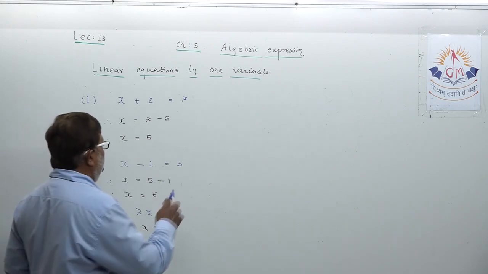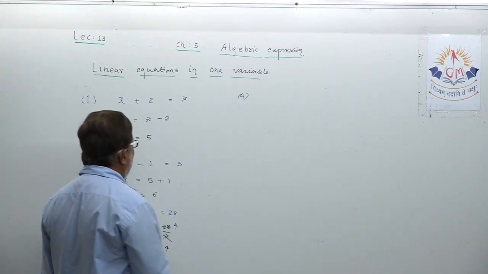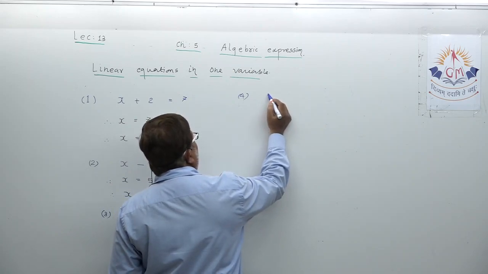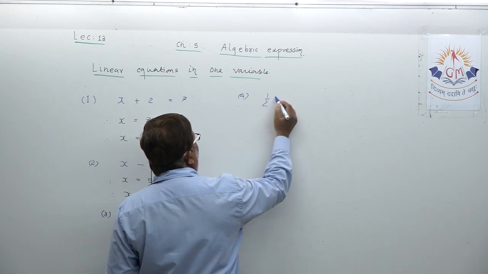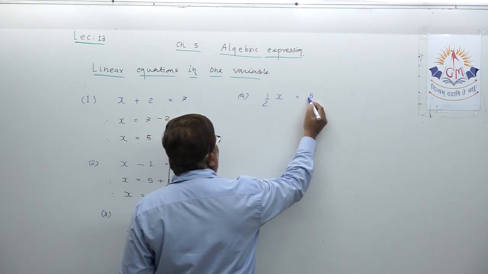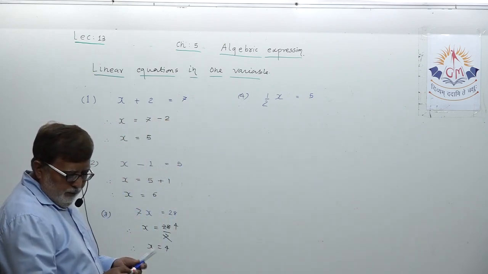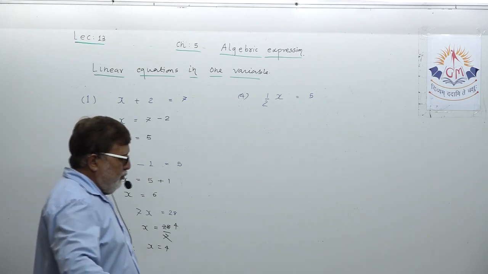Okay, let us take one more example. Suppose it is like this: 1 upon 2 x equal to 5. How will you solve this? I am giving you a little time to check your basics.